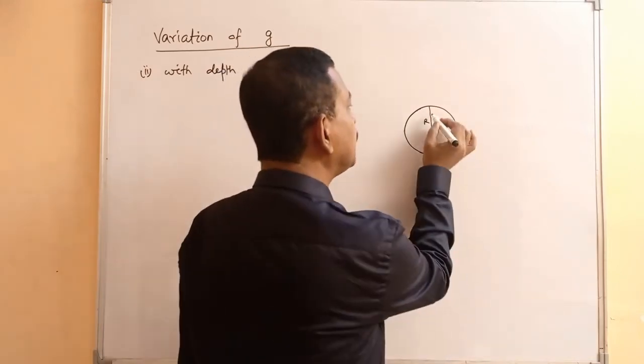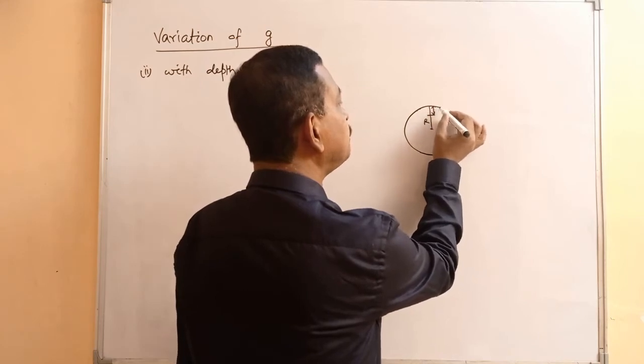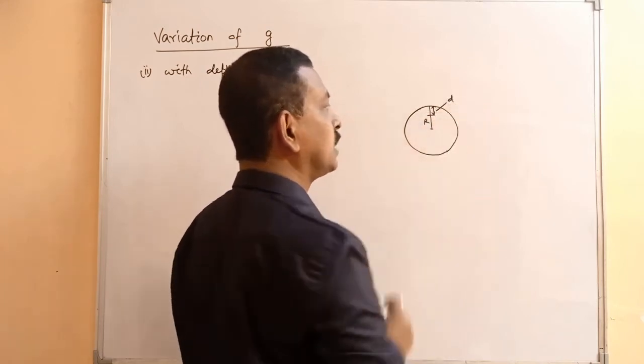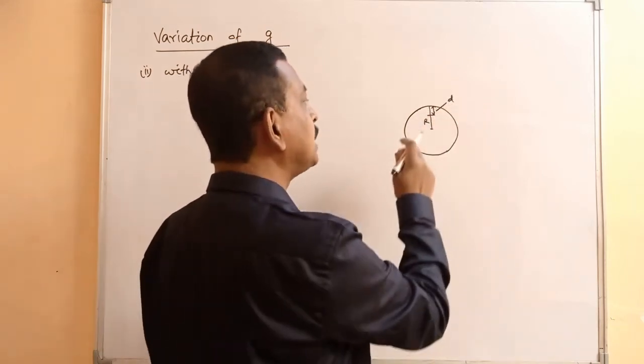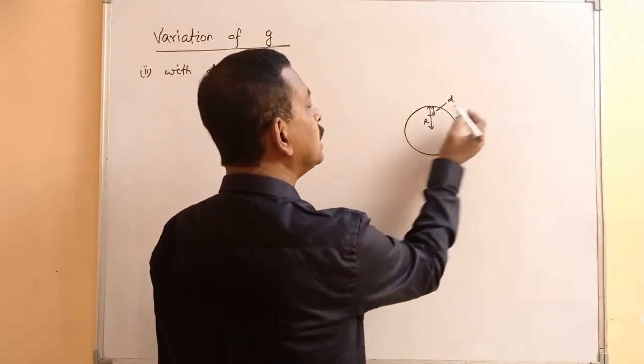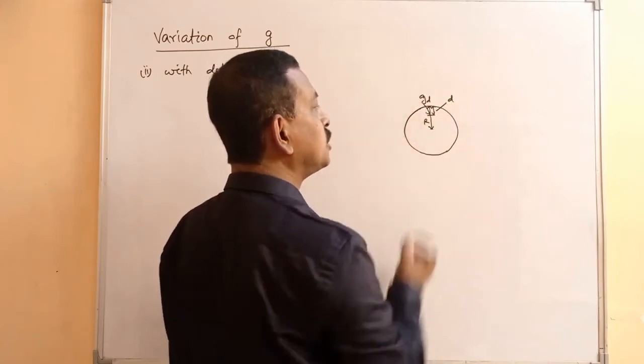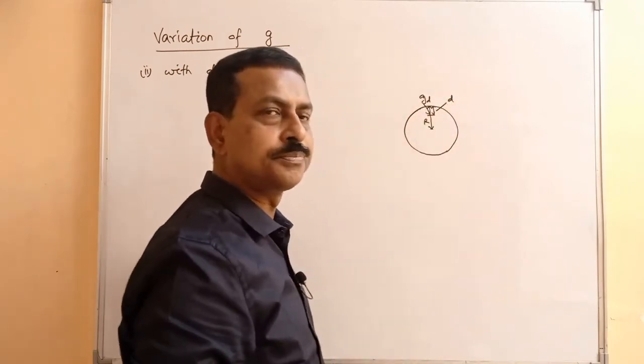That means from its surface, we are taking a depth, which is d. So d is this one. And acceleration due to gravity at that point, suppose it is gd. gd is acceleration due to gravity at this point.